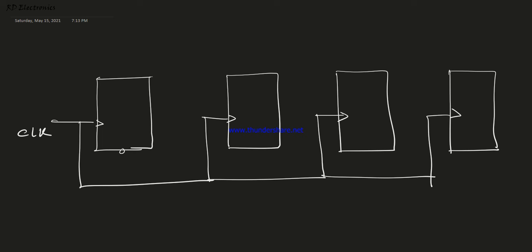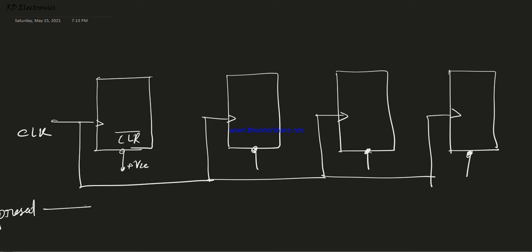And here is one clear bar. This clear bar is connected directly to plus VCC. And the remaining clear bars, it's not very complicated. This is the clear input, and this is known as the preset input.